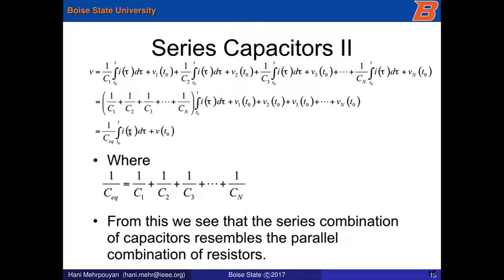So it's exactly the opposite of resistors. When you put capacitors in parallel, the equivalent capacitance is the sum of the capacitances. When you put them in series, it follows the same expression as parallel resistors.